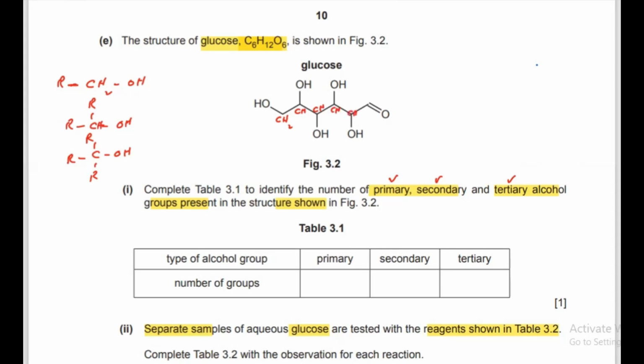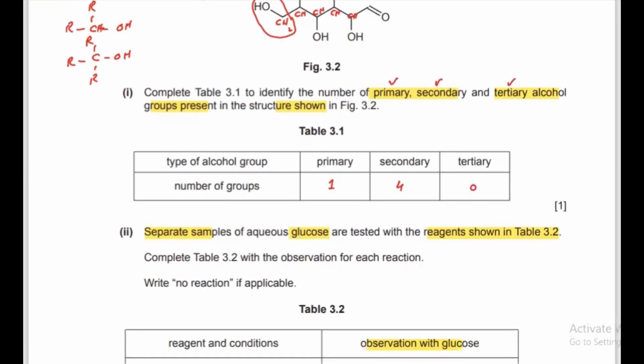Then this is also a secondary alcohol. So there is just one primary alcohol, this CH2OH. There is no tertiary alcohol. So 1, 2, 3, 4: there are 4 secondary alcohols.